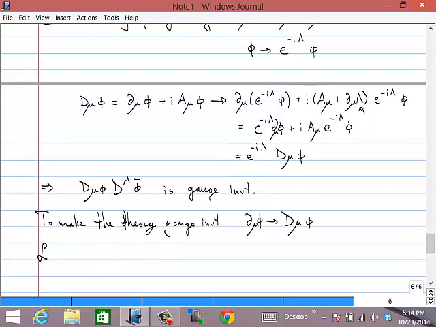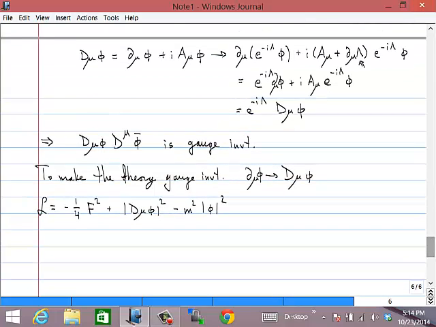So in particular, the action that describes a charged scalar field interacting with electromagnetism is just the action of electromagnetism plus the action of the charged scalar field, except now every time we write a derivative of the field phi, we instead use this formula for the covariant derivative.